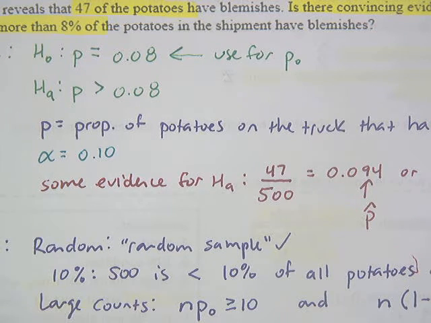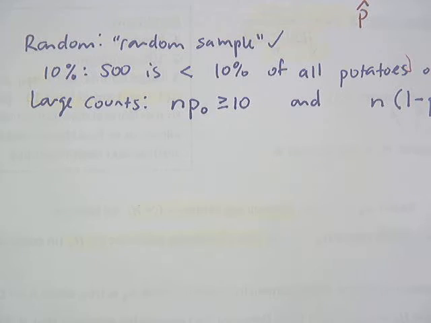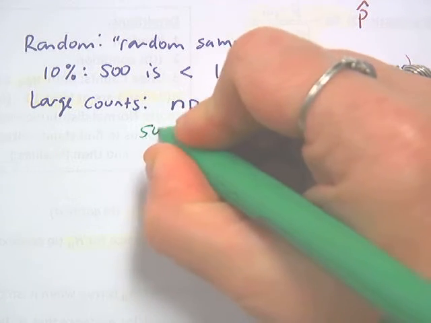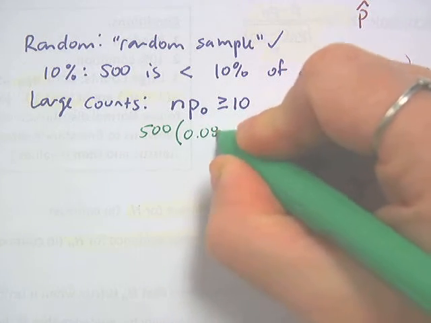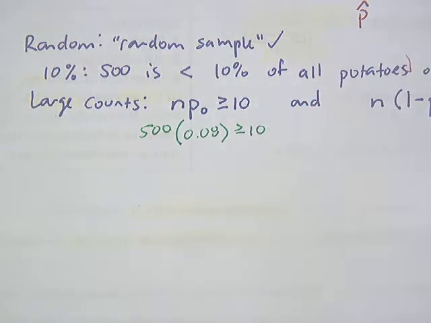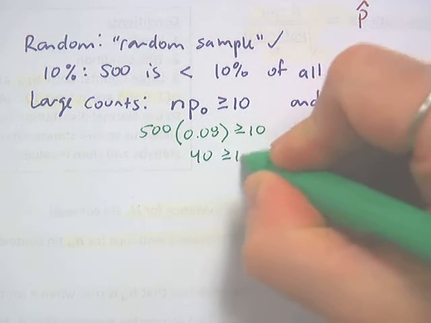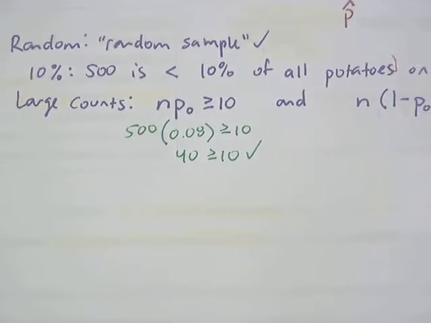That's what it is. So let's show a little bit of work and then grab our calculators. 500 potatoes in the sample times 0.08. 500 times 0.08 is 40. So that checks out.